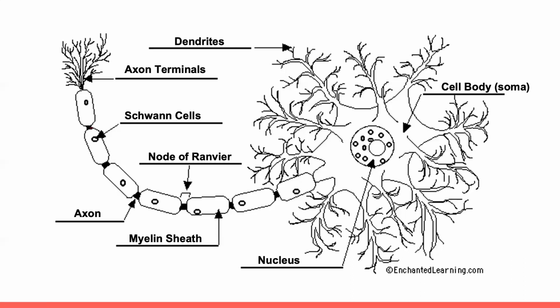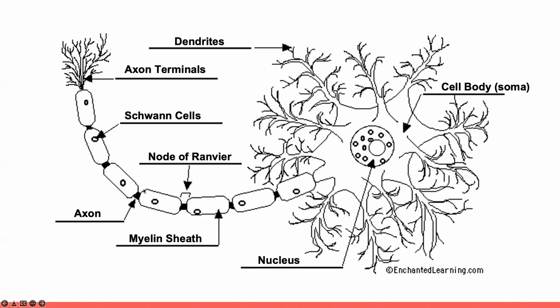And inside of that, you have the nucleus. The nucleus is where all of the DNA is stored. It's the hub of information, and it tells the rest of the body what to do. So it's the most important part of the cell body, if you want to think of it like that.